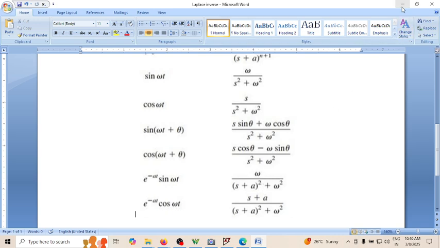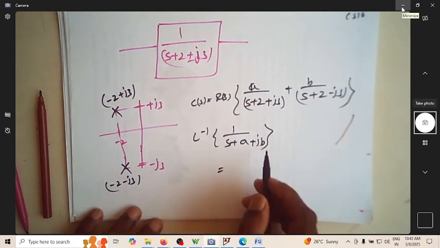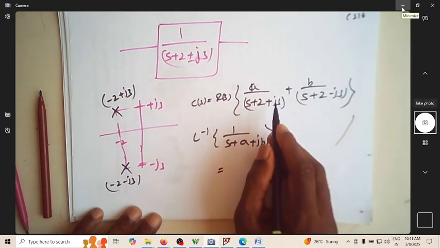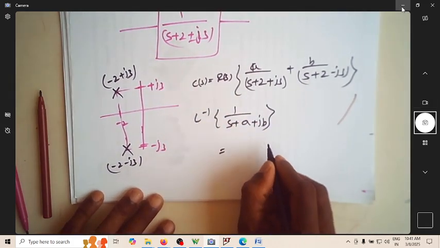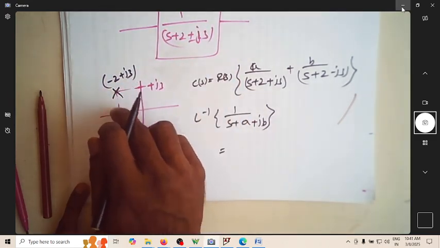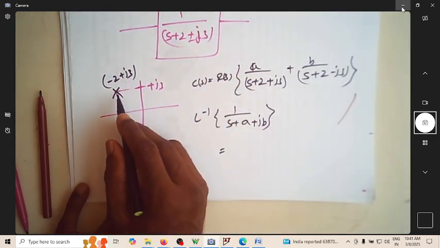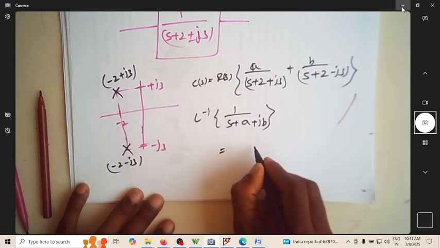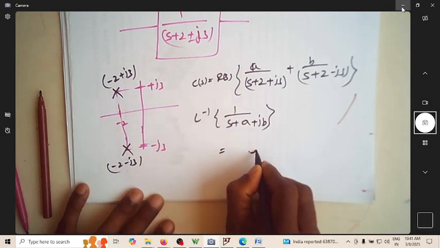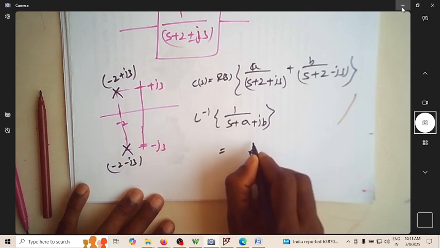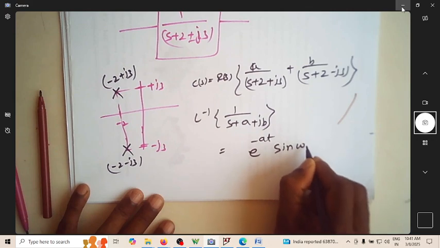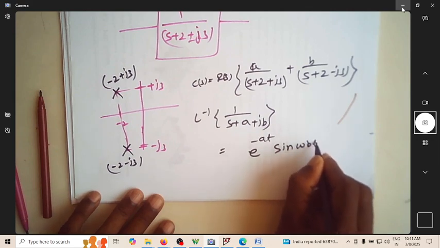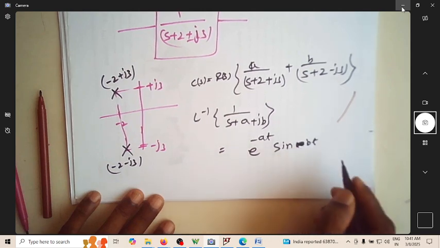So this results in this entire thing. So if you have a pole which is complex, this will end up with e power minus at and sine omega bt. Okay, sine bt.